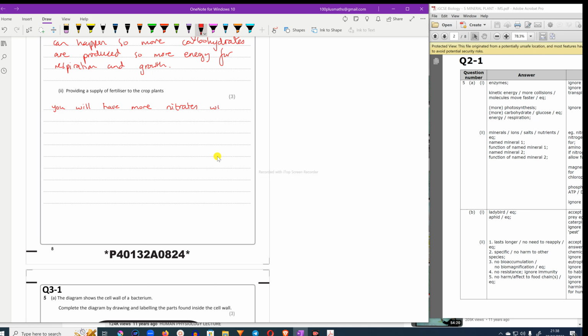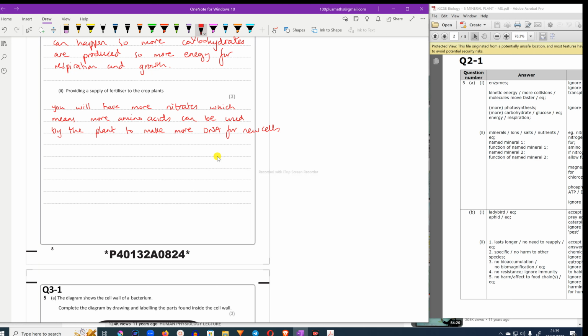Nitrates, which means more amino acids can be used by the plant to make more DNA for cells, for new cells, so that'll be for growth, right?